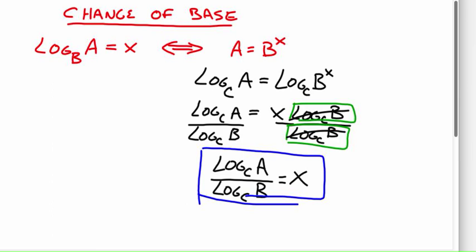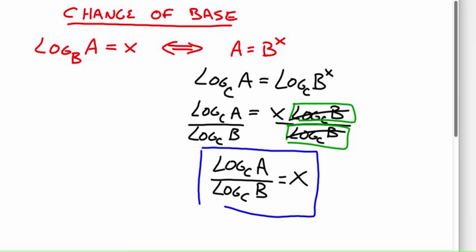So we've got log base c of a over log base c of b, which is equivalent to what we had up above, log base b of a equaling x. These two things are the same.